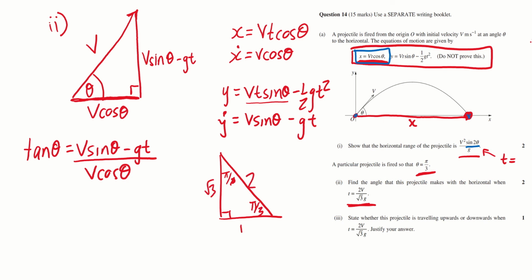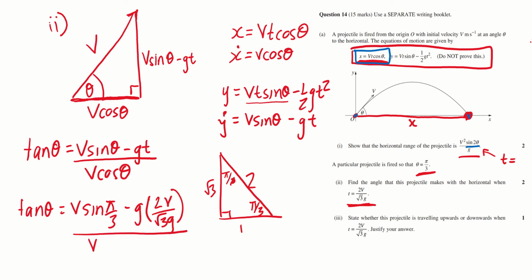Okay, so if I fill it in, time was 2v on root 3g all over, so now I just need to clean this up.